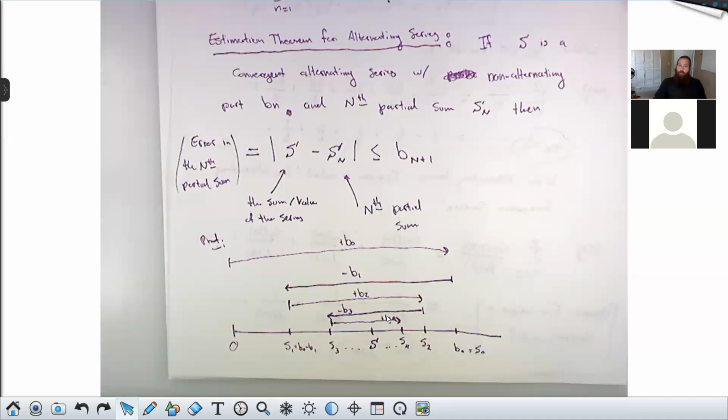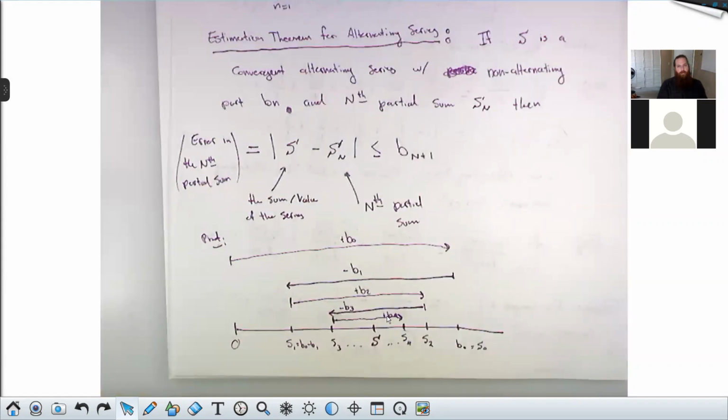So if you have an alternating series where the Bn's are decreasing and have limit 0, this nesting has to lead to some fixed number in the middle. That number is the sum of the series.